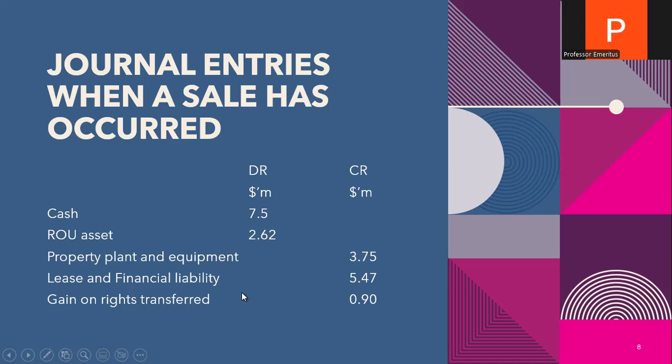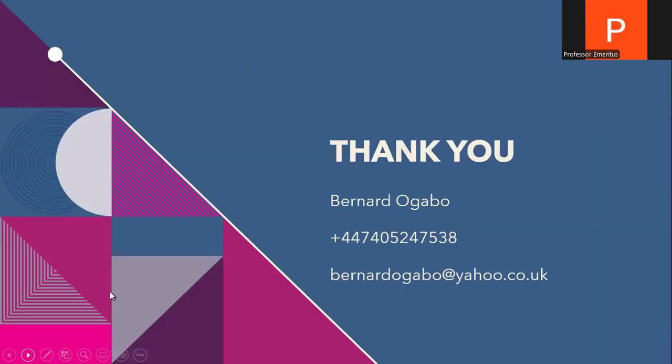So I added the two amounts together to show that the PV of the lease is 4.72 and the additional financing is 0.75. So the gain on right transferred is 0.90. If you add the two sides, they are going to be equal. So that brings us to the end of this question.